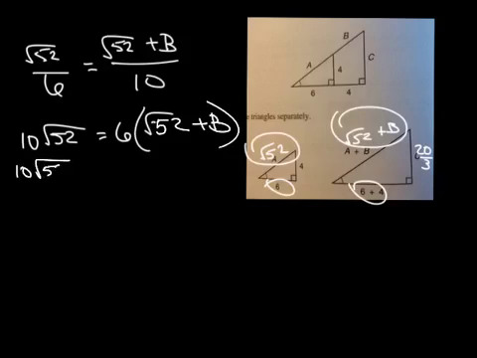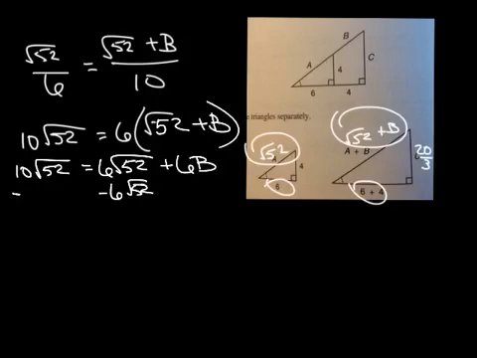I wonder if I got myself into a mess here. Okay, so I'm actually trying to isolate B. So let's subtract this from both sides. And those go away. 10 minus 6 is 4.